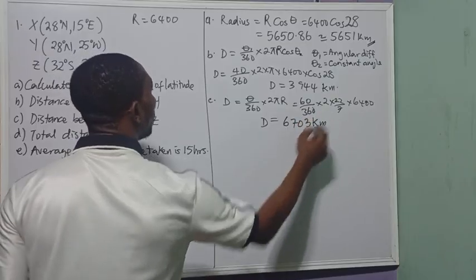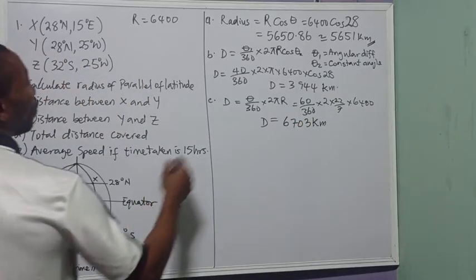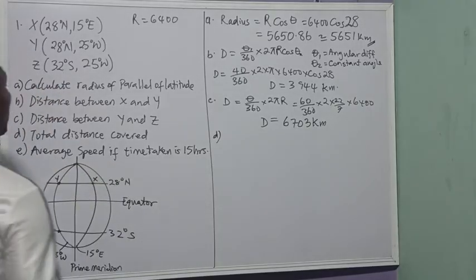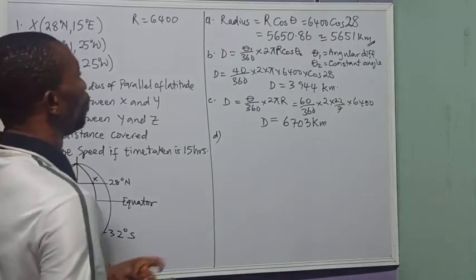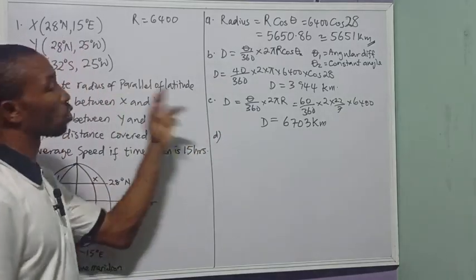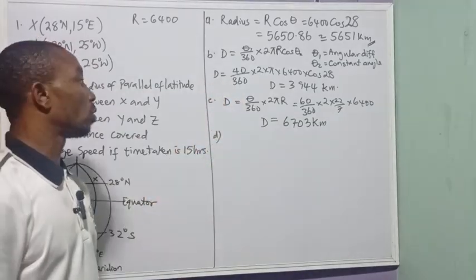6703 kilometers. All right, now to the D part, it says calculate the distance covered. Now the distance covered will be a distance from x to y and y to z.